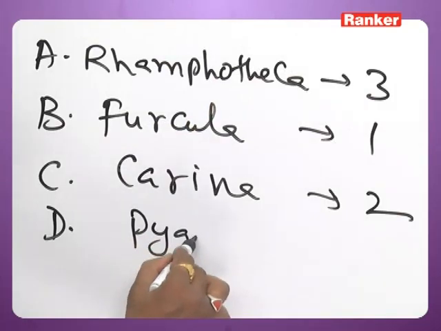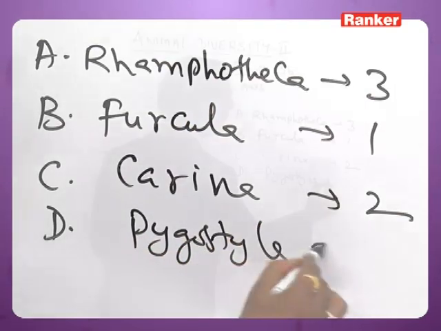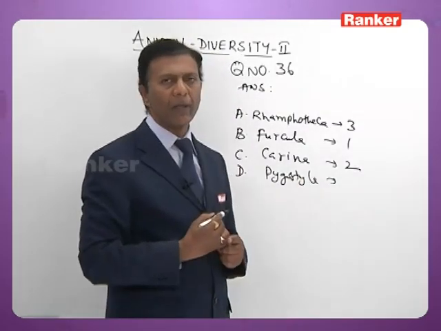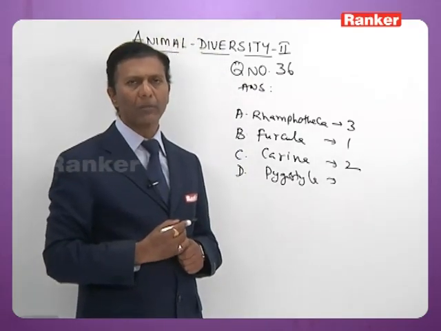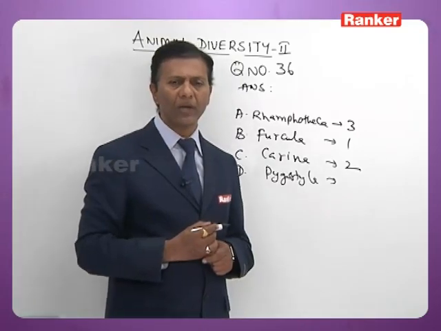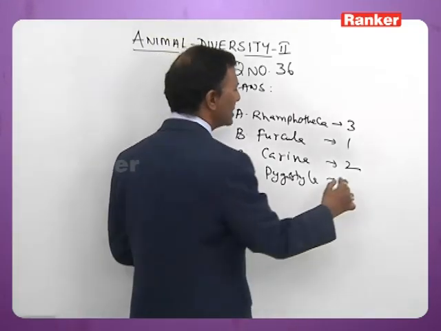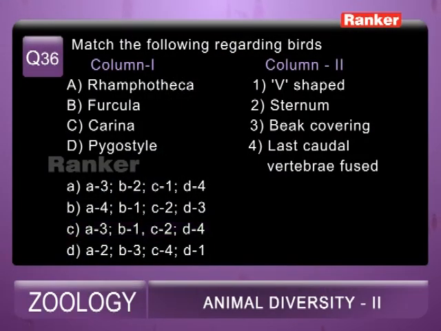Pygostyle is formed by fusion of terminal caudal vertebrae. 4 to 5 caudal vertebrae fuse to form a structure called pygostyle. It is also called the plowshare bone. It provides surface for the tail feathers called rectrices. So the fourth option is correct here. So you have A3, B1, C2 and D4. So the 36th question's correct answer is C.